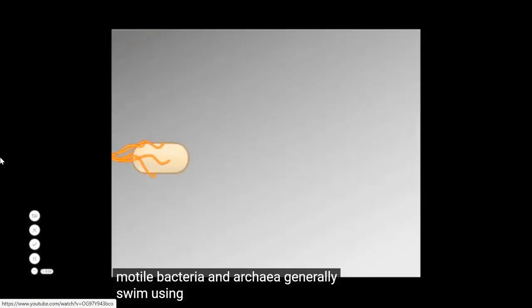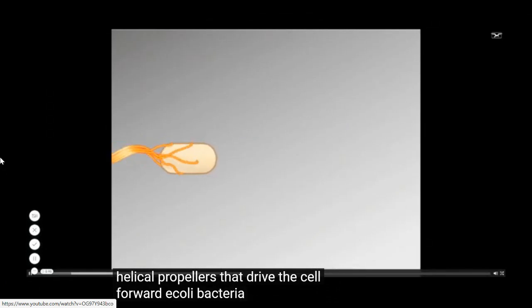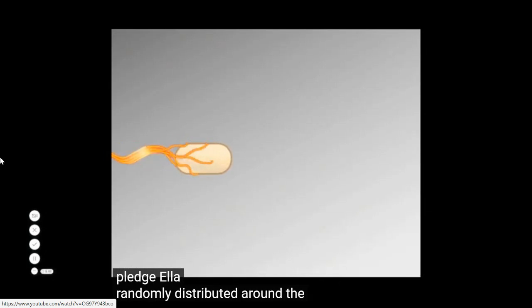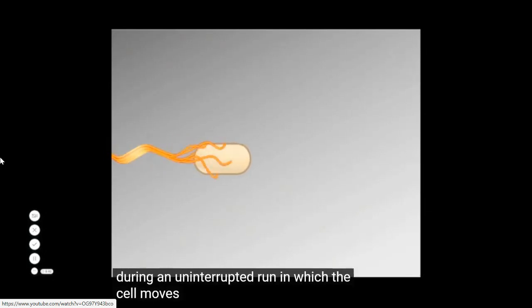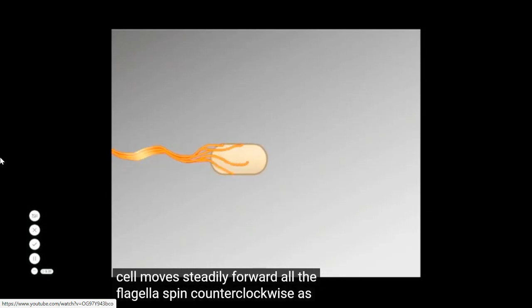Motile bacteria and archaea generally swim using rotary flagella, which are helical propellers that drive the cell forward. E. coli bacteria have 2 to 6 flagella randomly distributed around the cell. During an uninterrupted run, in which the cell moves steadily forward, all the flagella spin counterclockwise as a bundle.